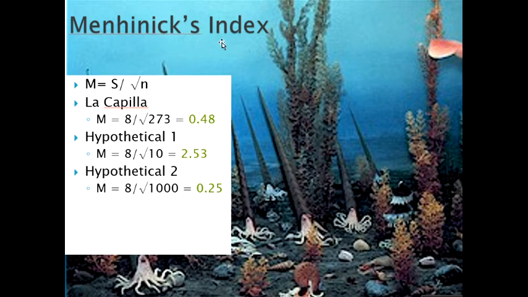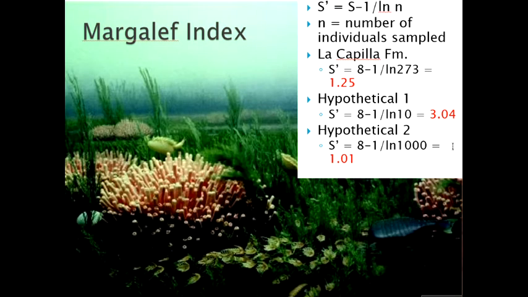And if we do this Menhinick process, you see here that again, we have the highest value for the one that has the least number of individuals, and then successively lower ones for our real world example, and then this one where we had 1,000. Now again, both of these indexes give you the idea that this one where we only sampled 10 individuals and still got 8 species is somehow higher in diversity than these other two.